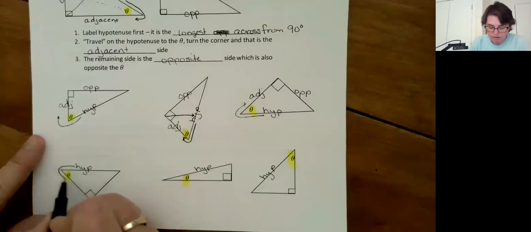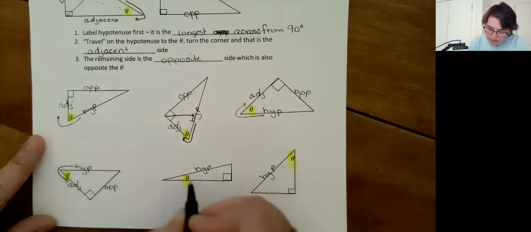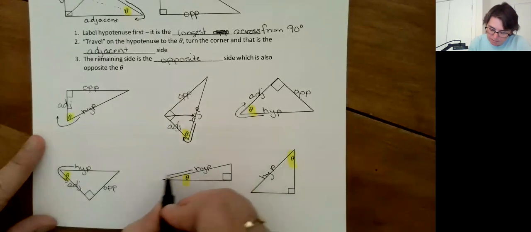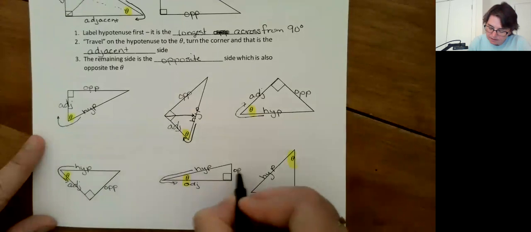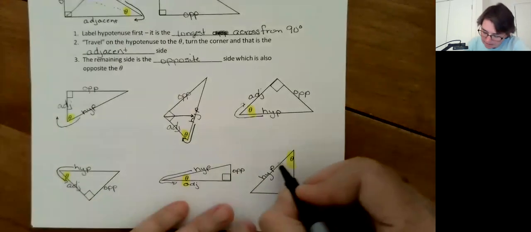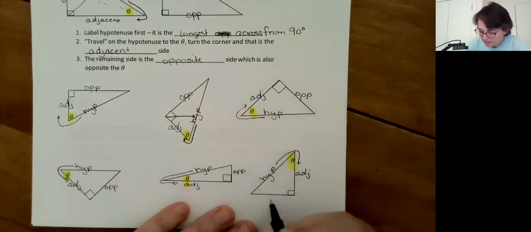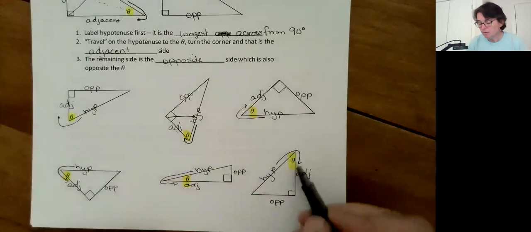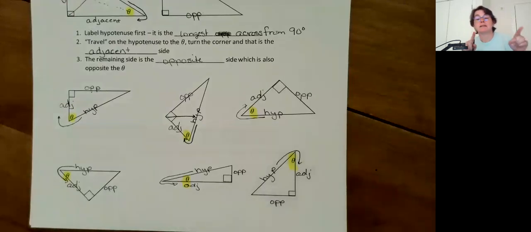Hypotenuse, around the corner, adjacent, opposite, and hypotenuse around my angle, adjacent, opposite, and last one, around the corner, adjacent, opposite. Remember, the moment you flip your angle to another spot, or basically to the opposite corner, then these two flip. All right, that's it. Math is cool.